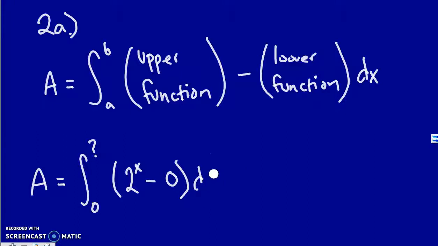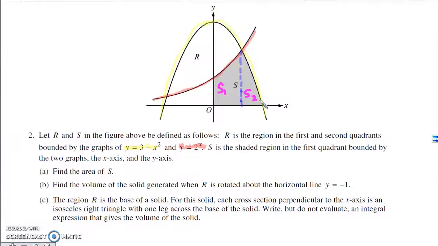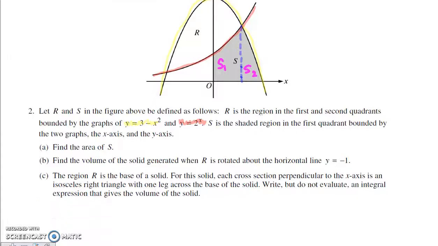No need to put the minus 0 part. Plus the second part of that region. The upper function happens to be 3 minus x squared. So 3 minus x squared minus 0, because the lower function happens to be y equals 0.